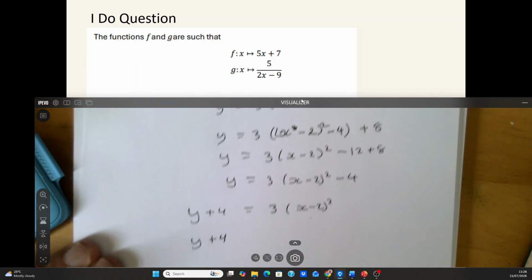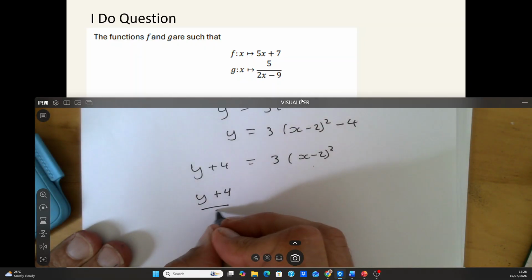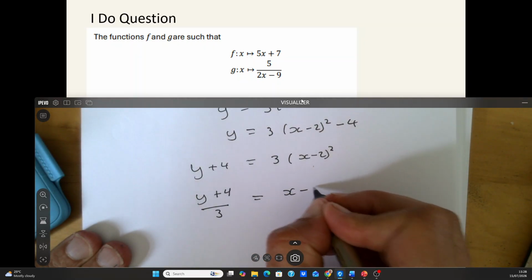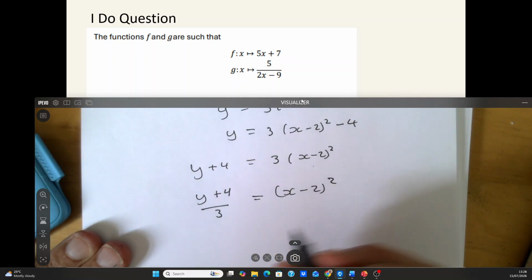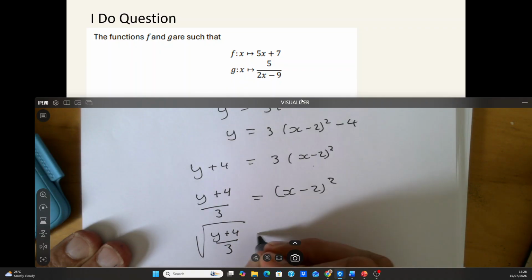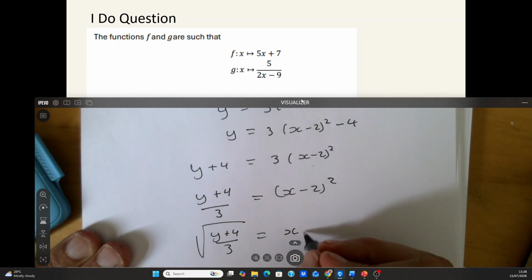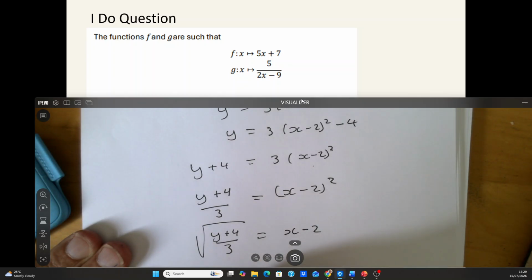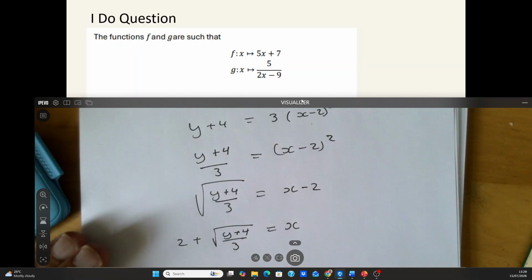Y plus 4 divided by 3 must equal x minus 2 squared. Square root it, equals x minus 2. Add the 2, equals x. Right.